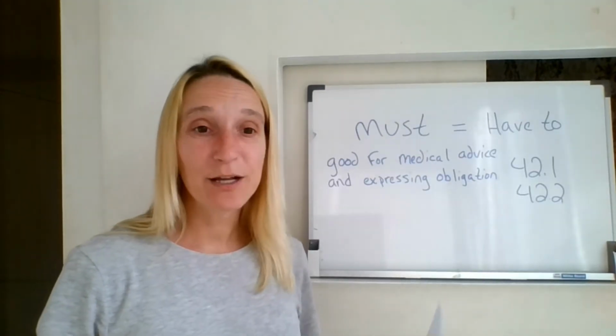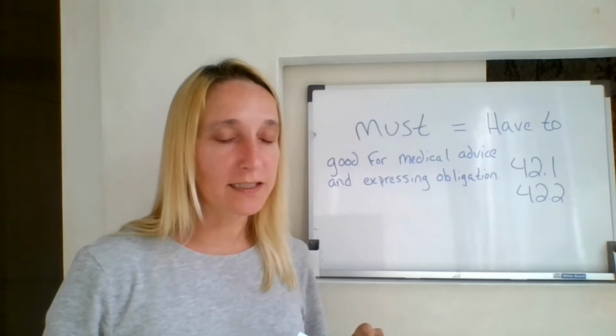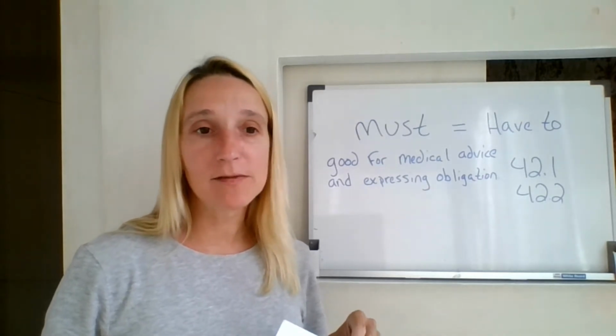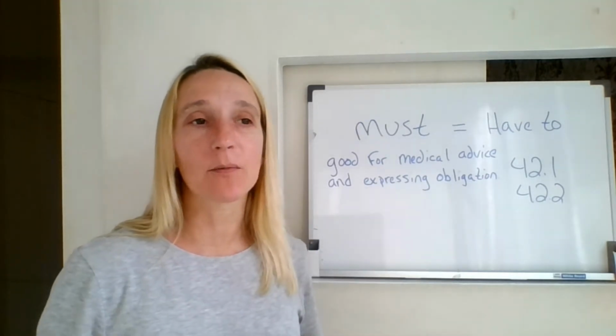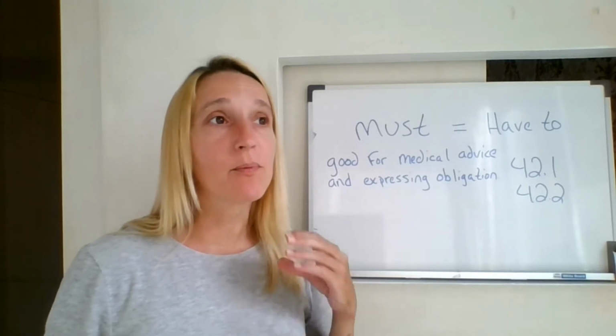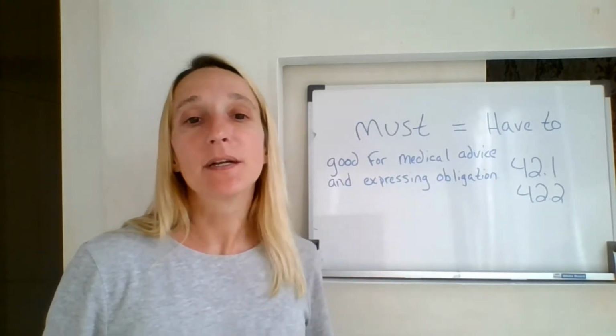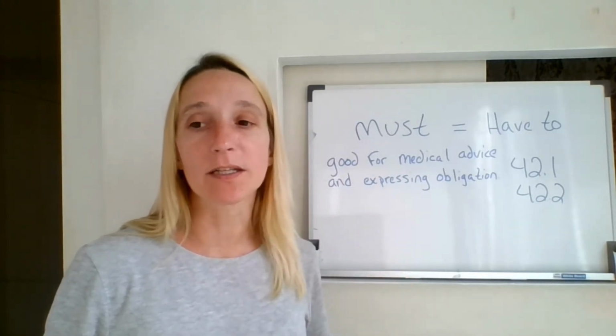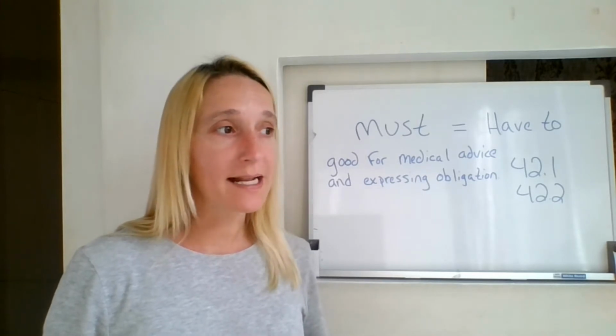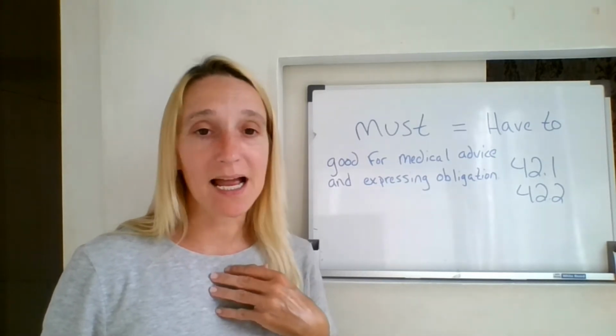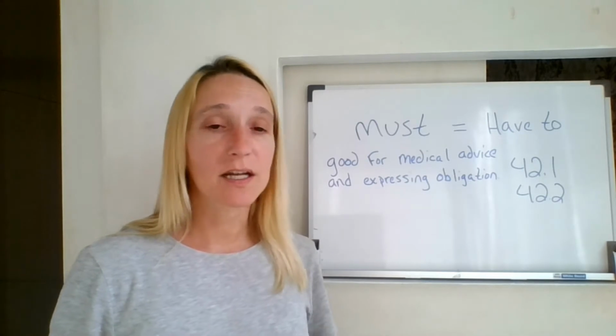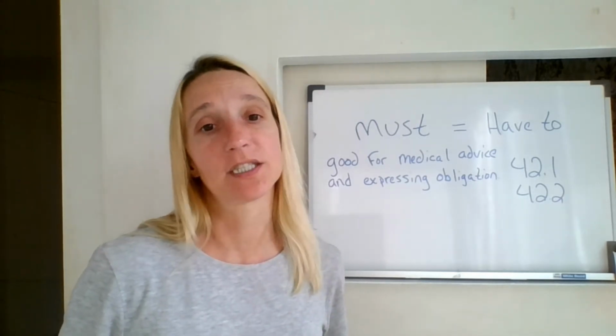Hello, class. So we just talked about the word did and how we can use that to emphasize something that we've done in the past that we really want to be clear about to the person that we're talking to. So a great example is if I was to ask, did you take out the trash? And you said, I did take the trash out.